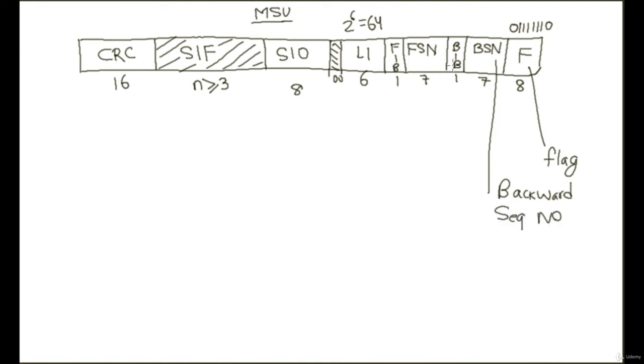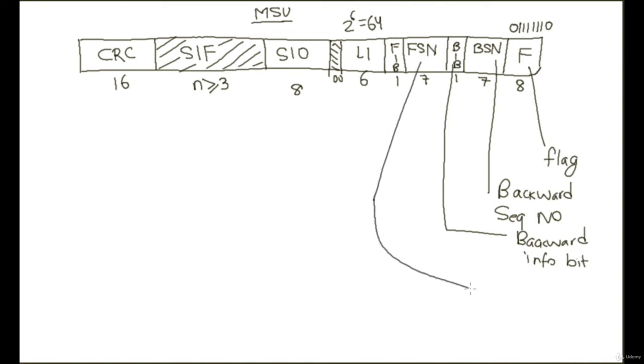Then there is a backward information bit, which is used for providing the retransmission or acknowledgement related information for that particular sequence number. Then there is a forward sequence number, which is essentially the sequence number information for the forward traffic.